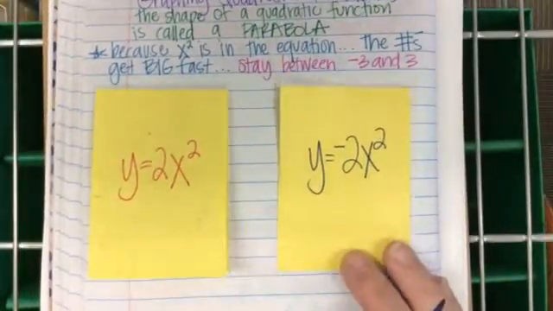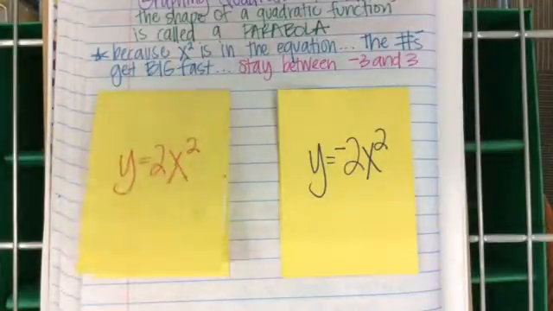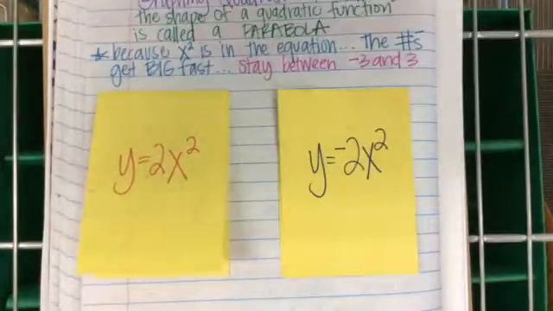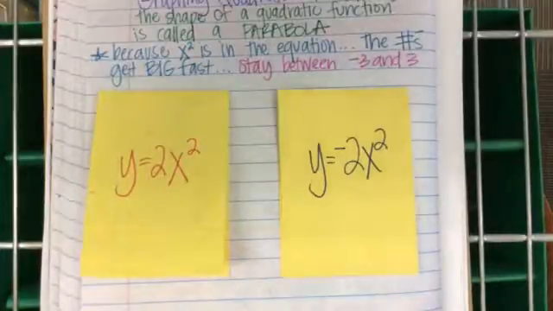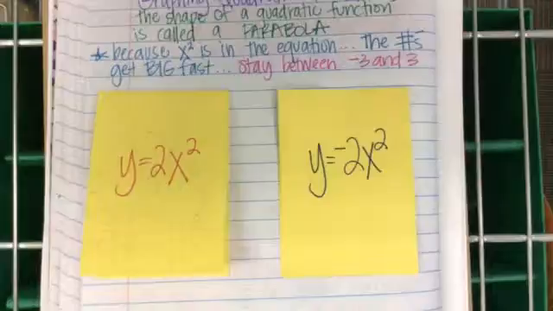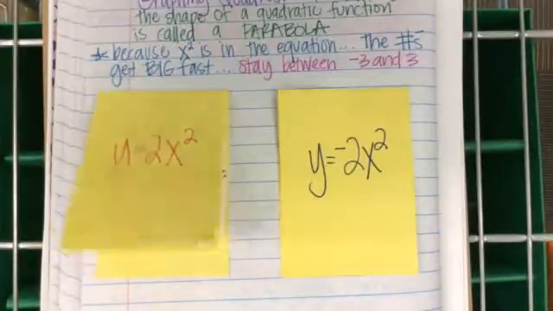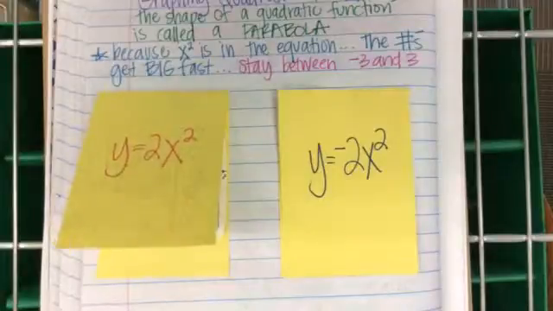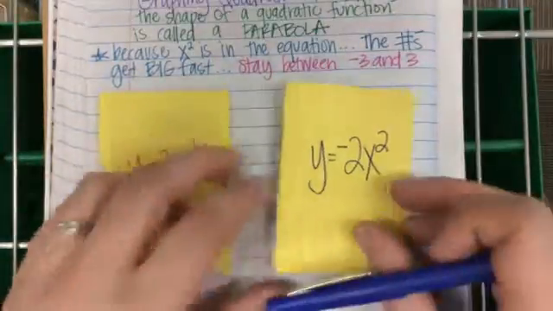All right, second yellow tab: y equals -2x squared.